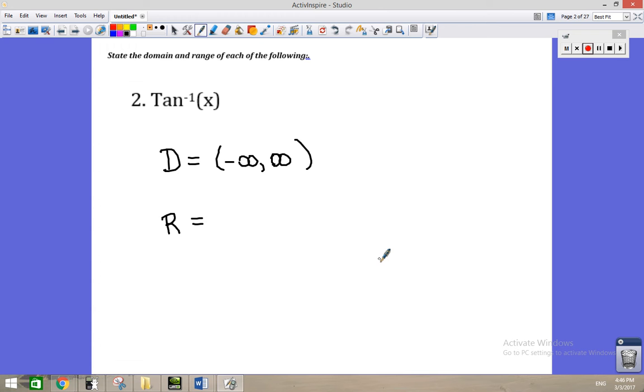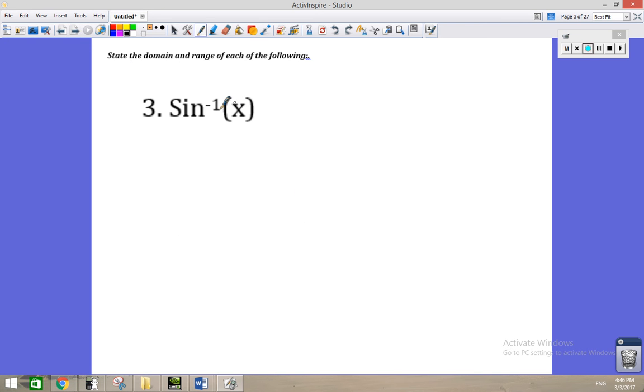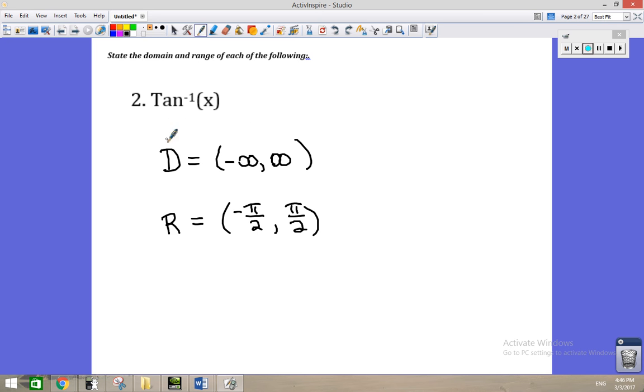We need the inverse relation to be a function, so we restrict the range, and they've just agreed upon this definition of restricting the range to be between -pi/2 and +pi/2. We don't include -pi/2 and pi/2, because the tangent of any odd multiple of pi/2 is going to be undefined.